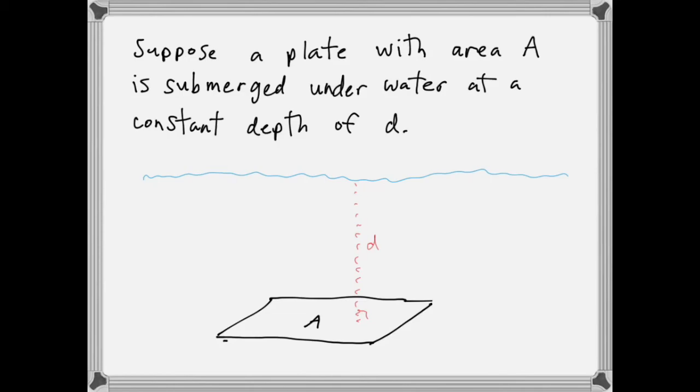You notice that the water that sits above the plate forms a box, doesn't it? Okay, it forms some sort of a box, and I'm actually going to, this should have a dotted line.